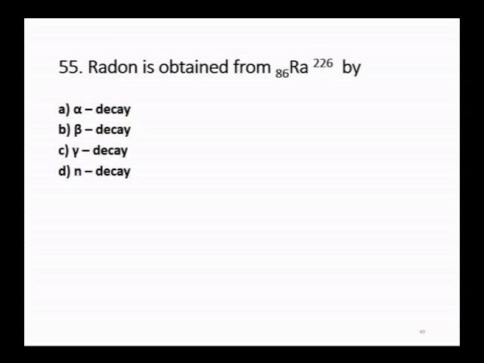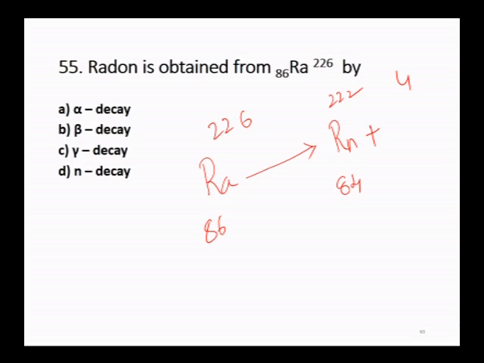When radium (86, 226) emits radon with 84 and 222, the left out on subtraction is 226 minus 222, which is 4, and 86 minus 84 is 2, which is a helium nucleus, which can be considered an alpha particle.